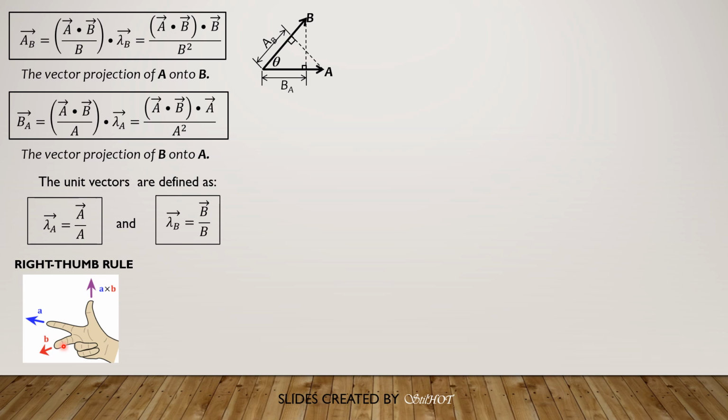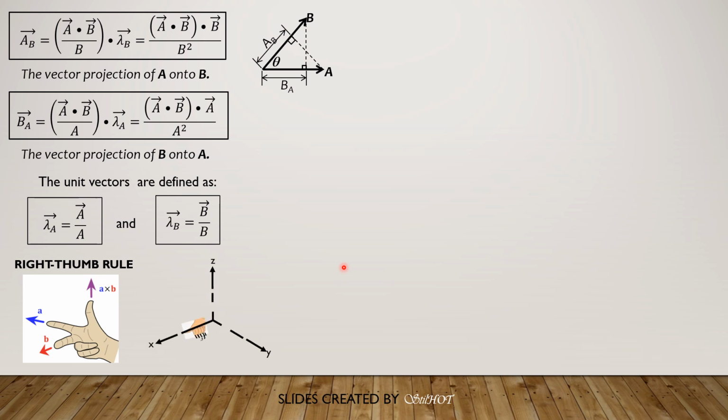But if you curl B towards A, then your thumb will be pointing in the opposite direction. So A cross B is not equal to B cross A. It is the negative of B cross A. That's the result, so I want you to remember it.